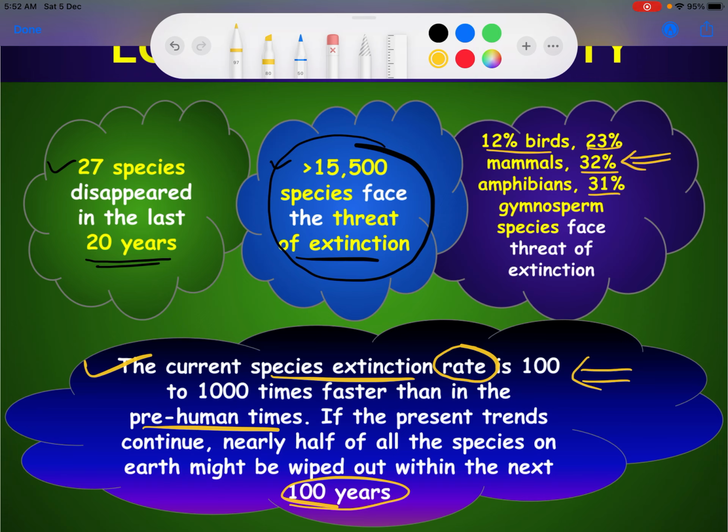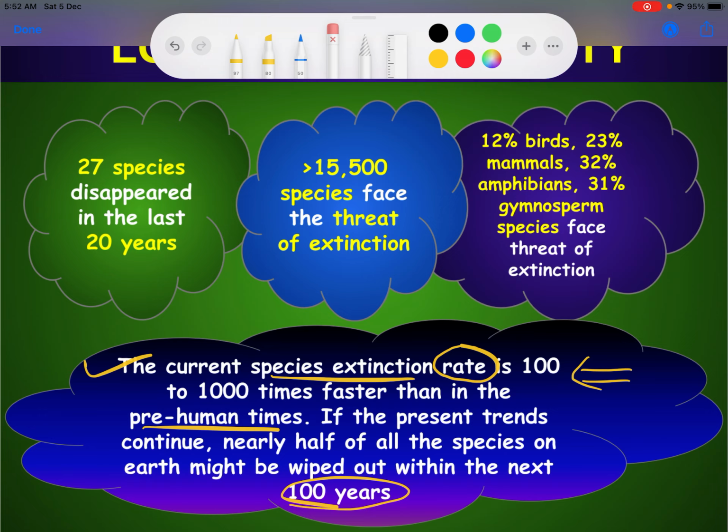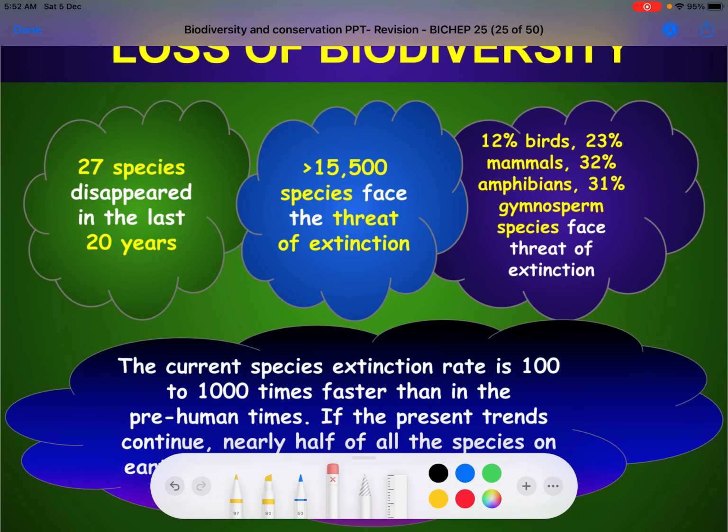So of the total number of species on the earth, half of them are going to be wiped out within a very short duration, that is 100 years. So that's the biggest threat we are facing right now.